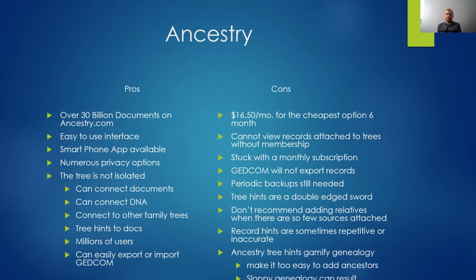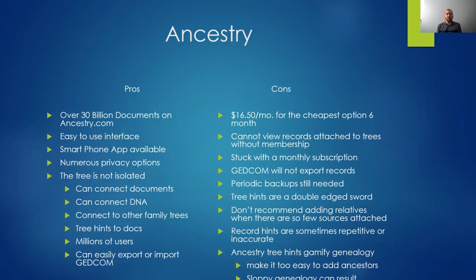A definite plus is that you can connect documents, and you can connect your DNA, although it's not quite so direct. You get a separate DNA account, but it syncs up with your family tree. Anytime you have a hit that is somebody on your family tree, it shows that in your DNA account. You can connect to other family trees, as I mentioned, and the tree hints are pretty significant.